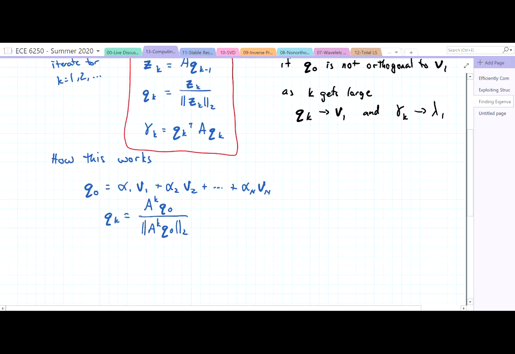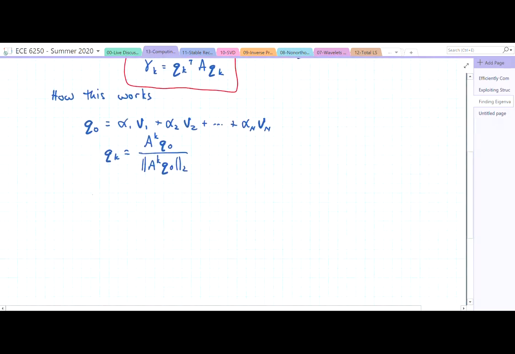We can combine those two things to show that we have QK equal to alpha. Okay, now we have A to the K times Q naught. Well, A to the K times V1 is going to be lambda 1 to the K times V1.